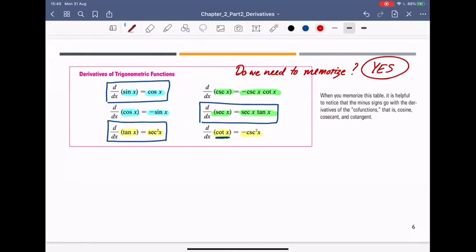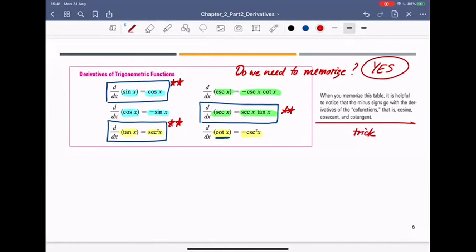I believe that if you do the exercises again and again, you're going to absorb this and memorize it. So we just need these 6 formulas. The ones that we're going to use a lot are the ones that I boxed. This is the trick that you can use to memorize.